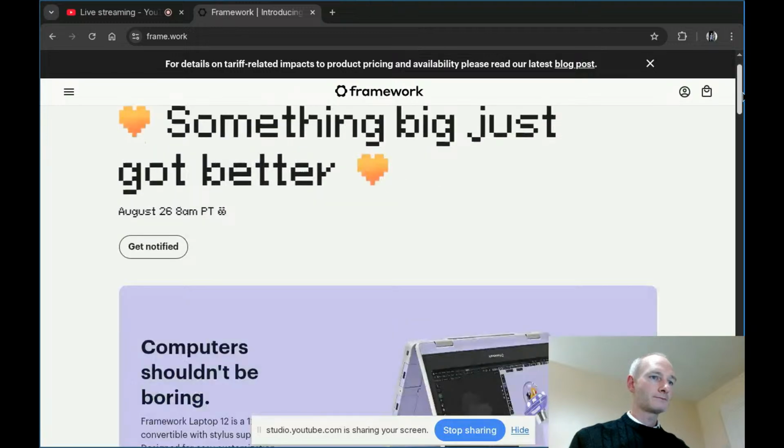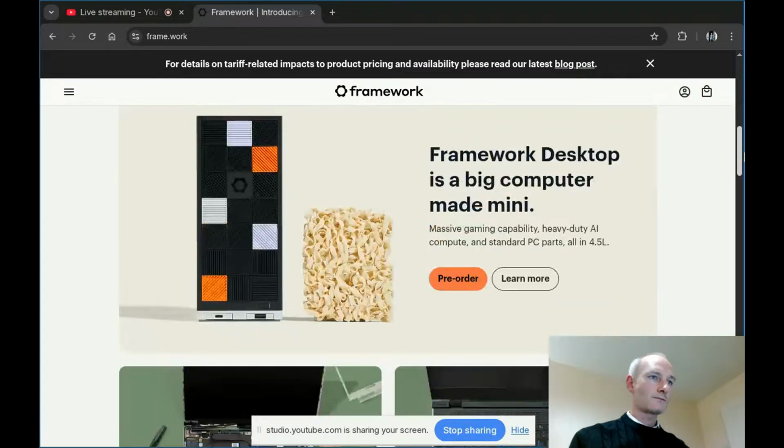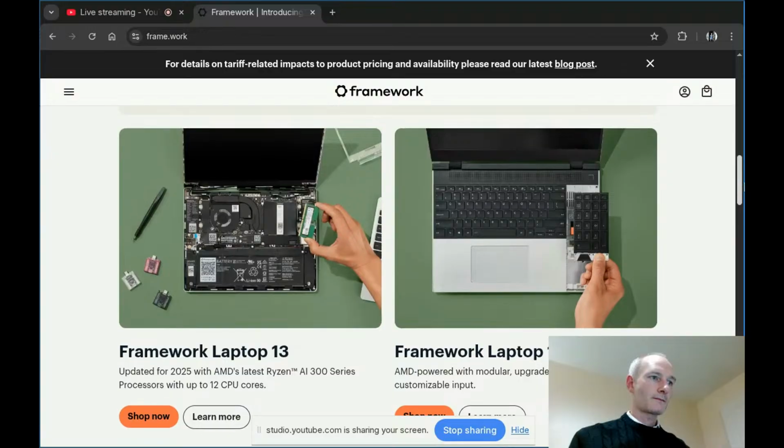Now, here's my problem. When I'm looking at this, to me, one of the most important things is a pointer stick, right?